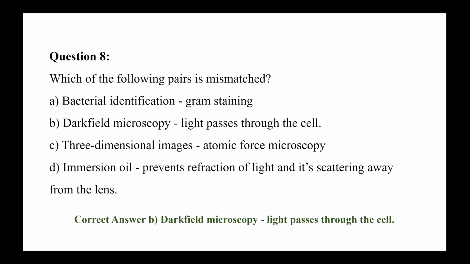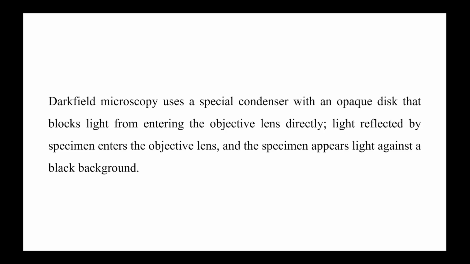So the wrong pair is dark field microscopy, light passes through the cell. That is not what dark field microscopy is. In dark field microscopy, the samples reflect the light away and they appear light against a darker background. It uses a special condenser with an opaque disc that blocks the light from entering the objective lens directly.